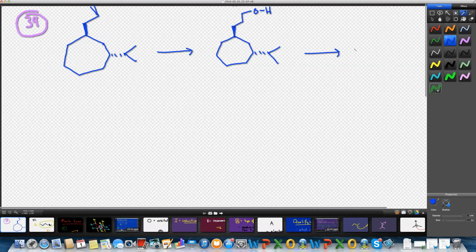Then we're going to react this with NaH. That's going to deprotonate my alcohol. That's going to give me an alkoxide. And finally, this is going to react as a nucleophile on propyl bromide.